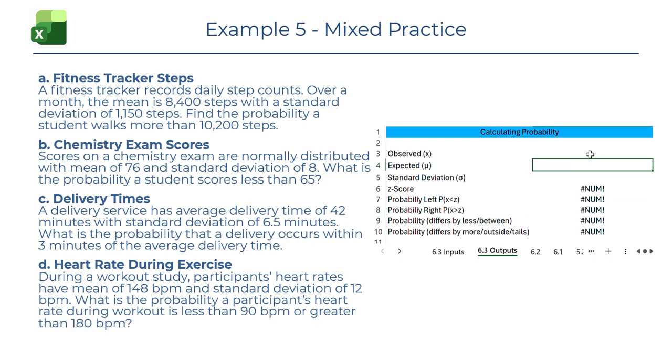Next, chemistry exam scores. Scores on a chemistry exam are normally distributed with a mean of 76 and a standard deviation of 8. What is the probability that a student scores less than 65? So our observed value would be 65. We're looking for the probability that is less than or left, 0.0846. Next, delivery times.